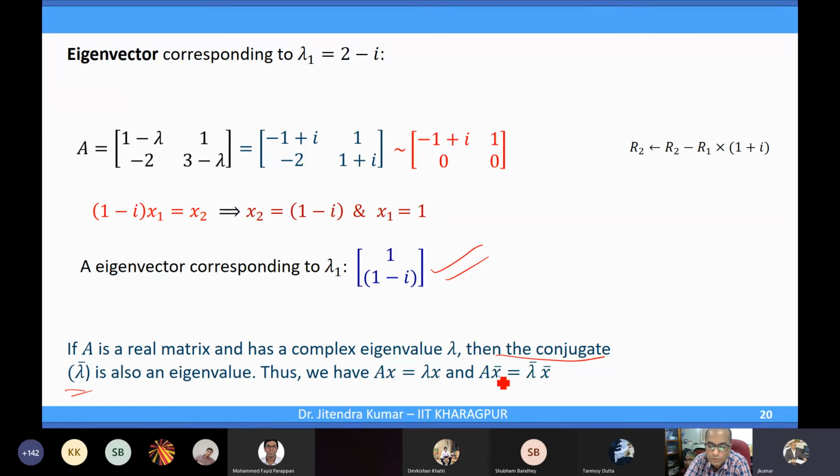The same relation will hold: if Ax is equal to lambda x, then A x bar is equal to lambda bar x bar. Means finding only one eigenvector in this case would be enough. Correct. So if lambda is a complex eigenvalue, its conjugate will be another eigenvalue, and if the corresponding eigenvector is x, then x bar is the corresponding eigenvector of lambda bar. That relation will hold. Okay, sir.